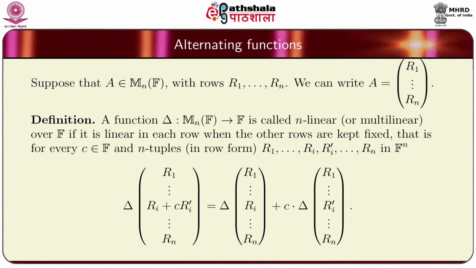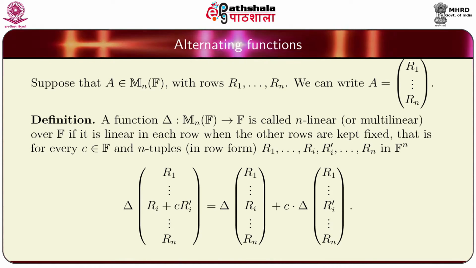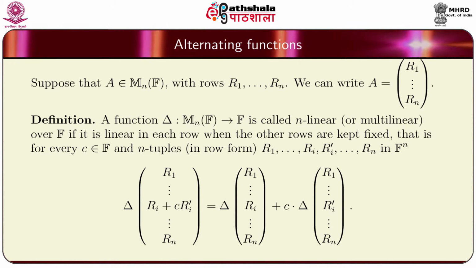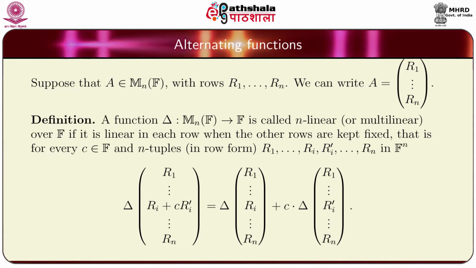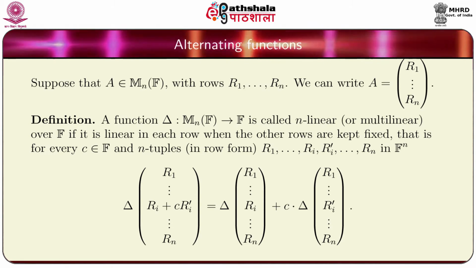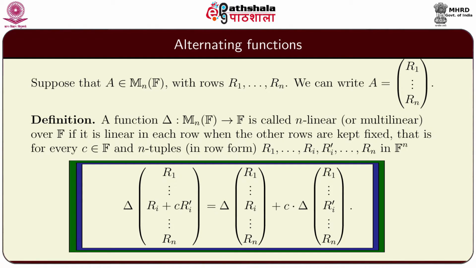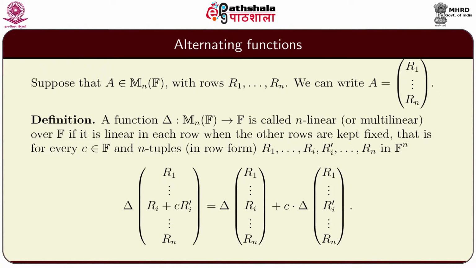That is, for every scalar C and n tuples R1, R2 and so on, Ri dash and so on up to Rn, which are n tuples in Fn written in row form, delta of R1 and so on, Ri plus C Ri dash and so on Rn is equal to delta of R1, R2 and so on Rn plus C times delta of R1 etc., Ri dash etc. Rn.